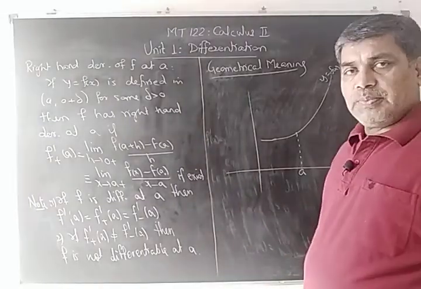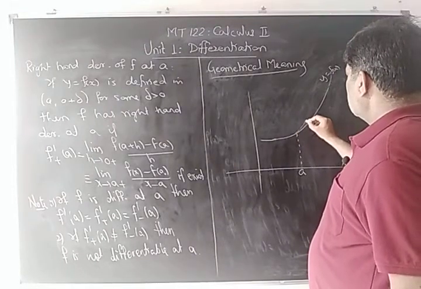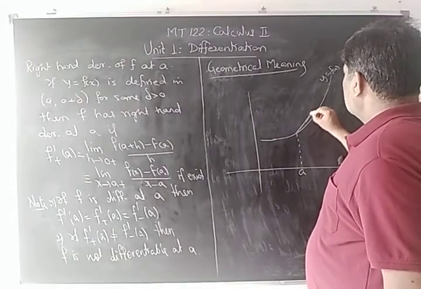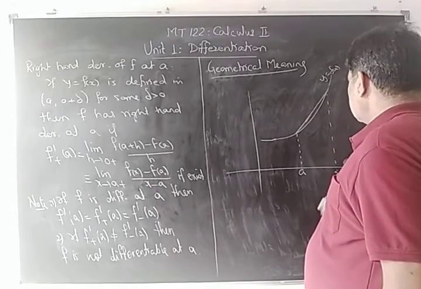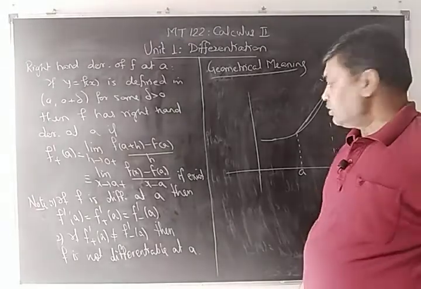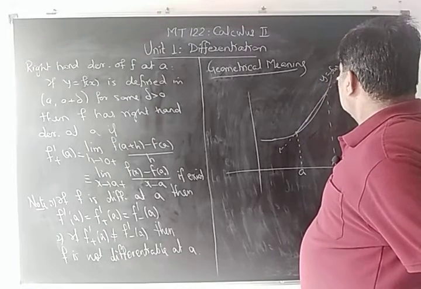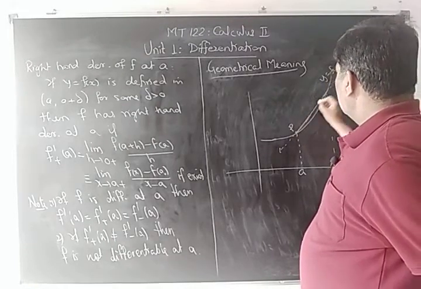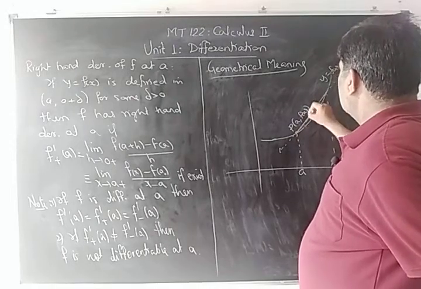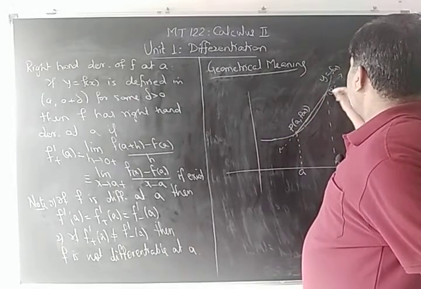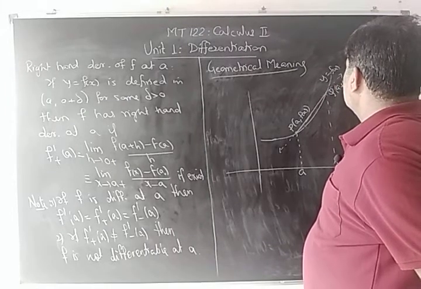I will take h just to be positive. This is your a plus h. This is P, a, f of a, and this is Q, a plus h, f of a plus h.